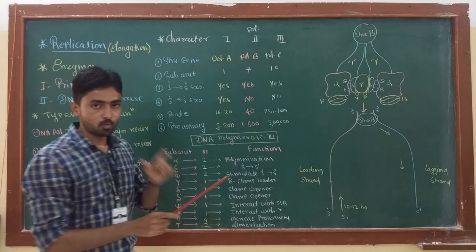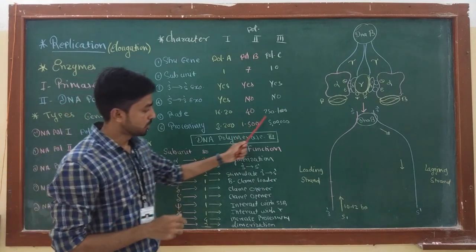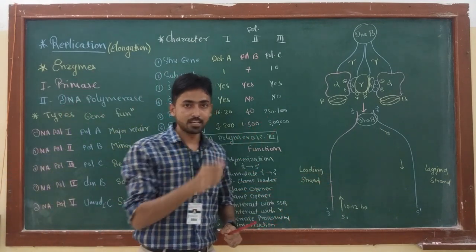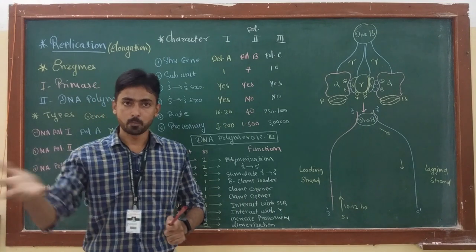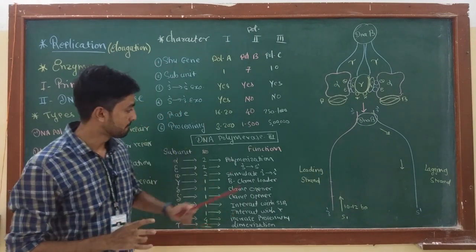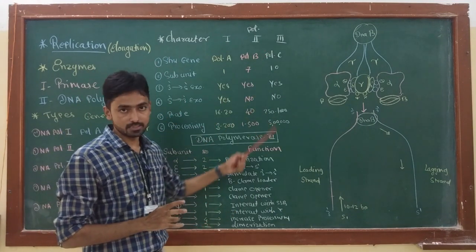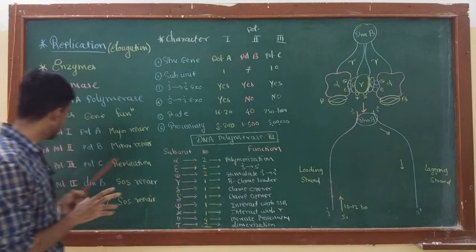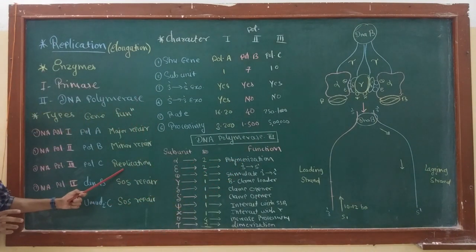That means once the DNA polymerase 3 enzyme is bound on the template strand, it can add 5 lakh nucleotides before falling off. So the highest processivity is observed in DNA polymerase 3. So this is the major enzyme in replication.